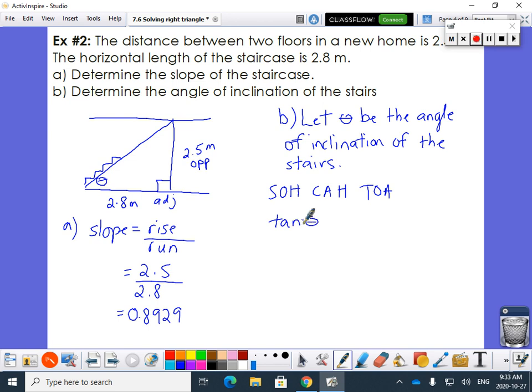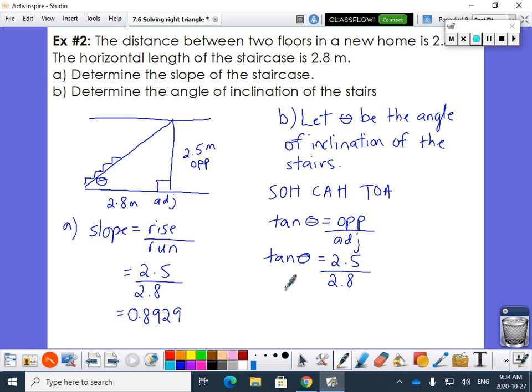So tan theta. If you had labeled this like ABC, it would have been fine if you put tan B. Okay, it doesn't matter. Tan theta equals opposite over adjacent. Opposite is 2.5. Adjacent is 2.8. When we want to get the angle, theta, what operation do we always have to do?